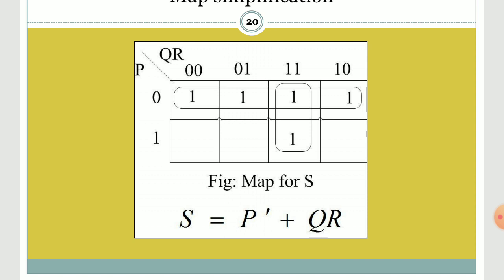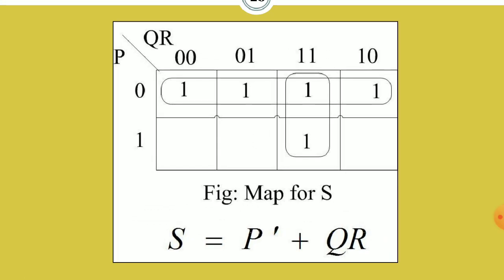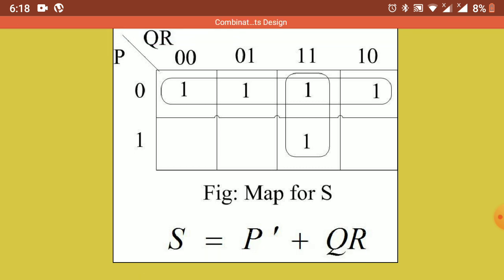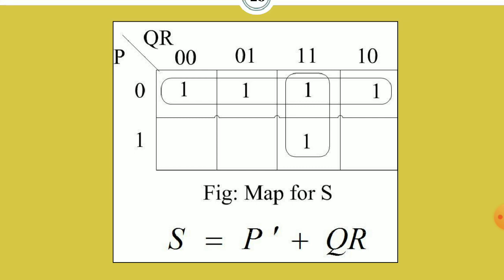In the first row, those four 1s are in adjacent positions. That's why we will take common those four. That means minterms 0, 1, 2, 3 make a group, and again 3 and 7, these two minterms make another group. We know how we will take common the adjacent ones.